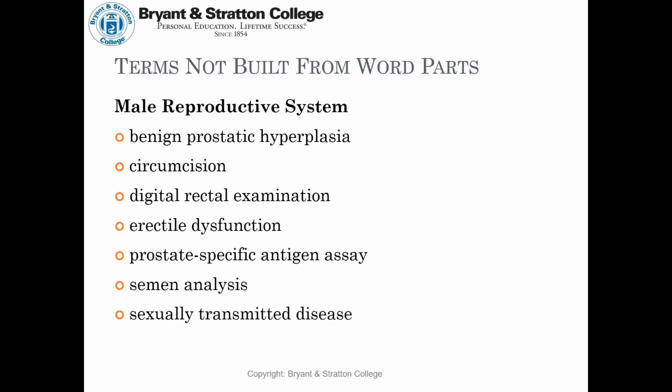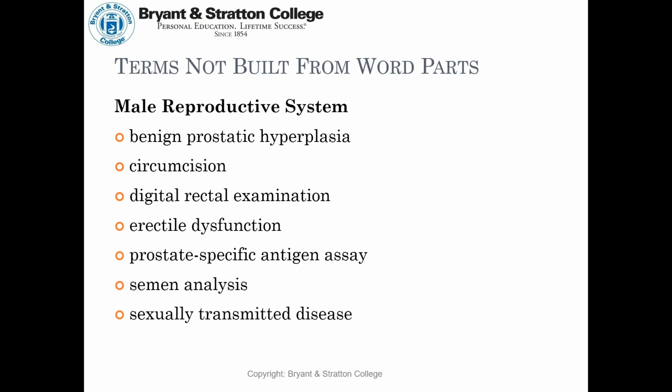What we see here with males, a benign prostatic hyperplasia, or BPH, very common condition in older men, and that's why prostate exams, I believe at 45 years of age, are done yearly. Circumcision is removal of foreskin.